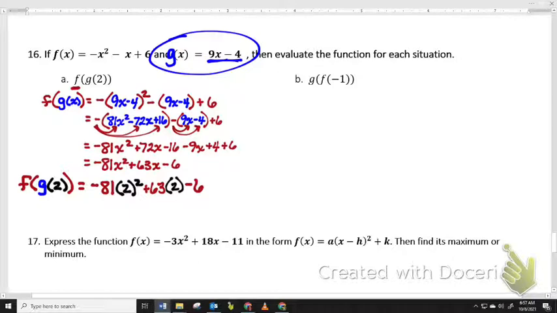What is negative 81 times 4? Negative 324, plus 126, minus 6. That gives negative 204.